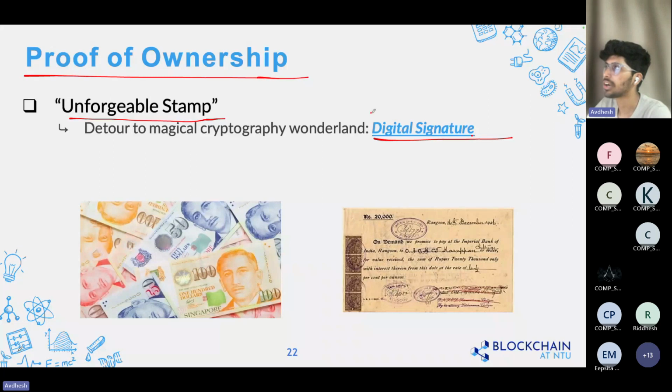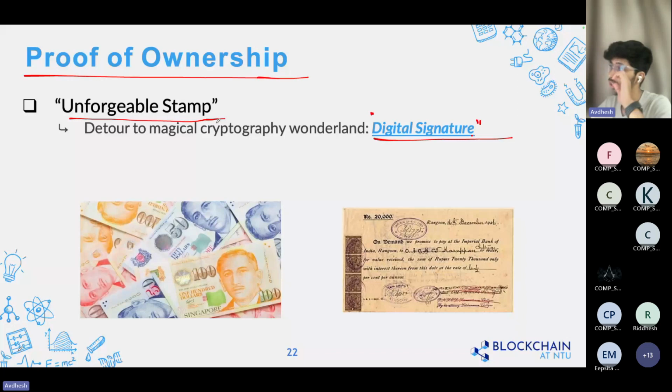What a digital signature does is basically stamp your currency or your assets in the online world.